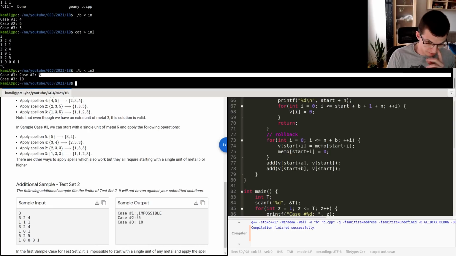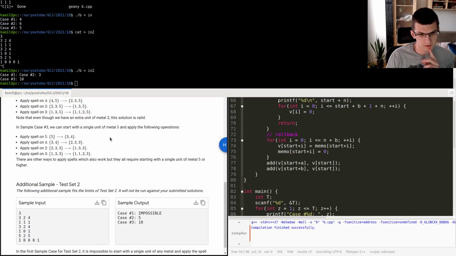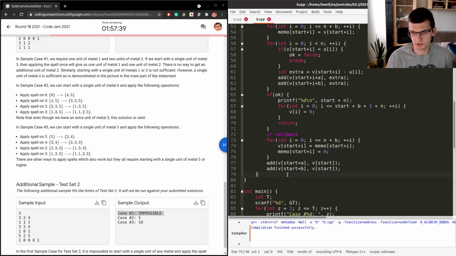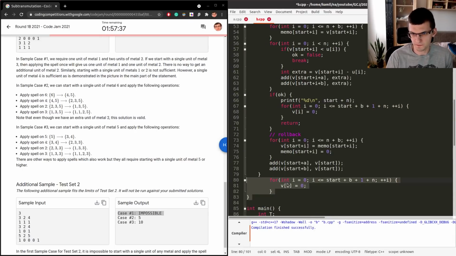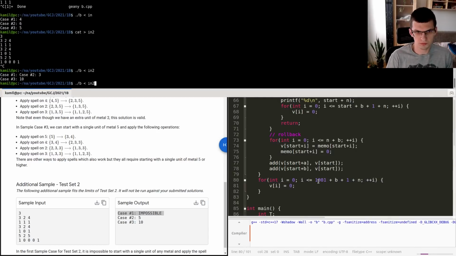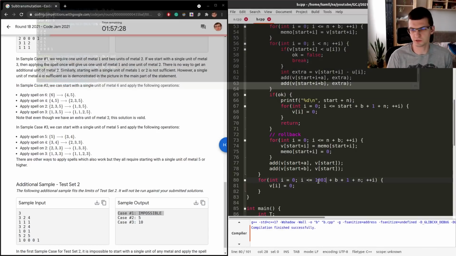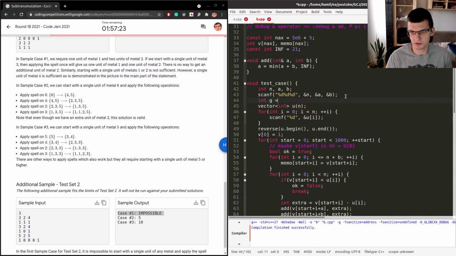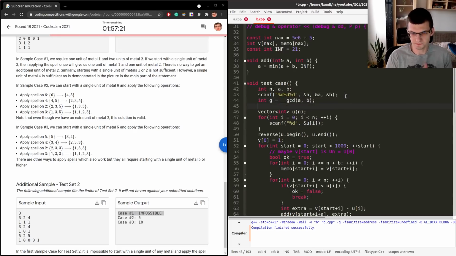No, it should be 5. Impossible? Yes, sure. That's not an issue. But do we clean? We don't. Okay, the issue was with cleaning. Still, I think we will just find here GCD of A and B, and that must be the distance between everything.